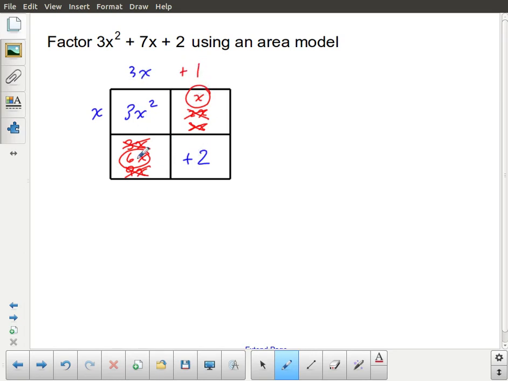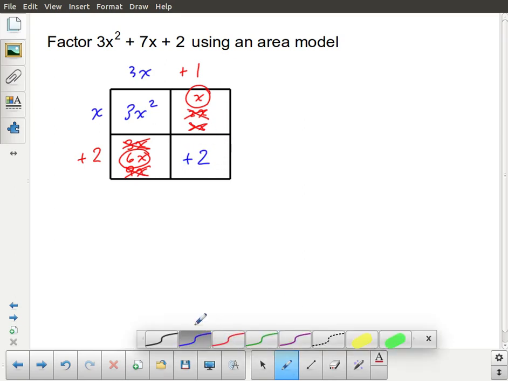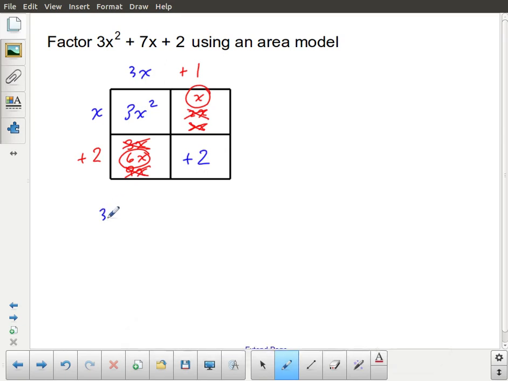And over here we've got 6x, but remember that's coming from multiplying by 3x, so that's going to be a +2. And of course, +1 times +2 gives me +2 overall, and we end up with our answer here, which is 3x + 1 multiplied by x + 2.